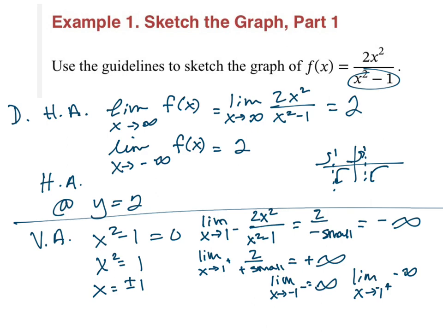Oh, I drew them backwards. It needs to go like this and like this so that it matches. So they match symmetrically, but they're backwards as far as the limits are concerned on the asymptote. In order to maintain that symmetry, you've got to flip the way that the limits read.